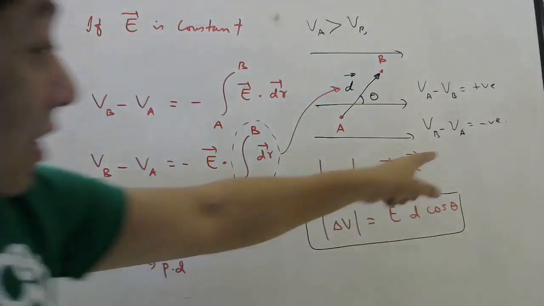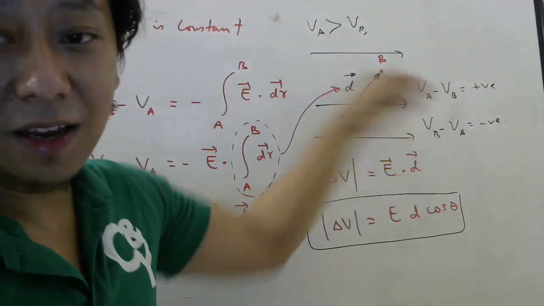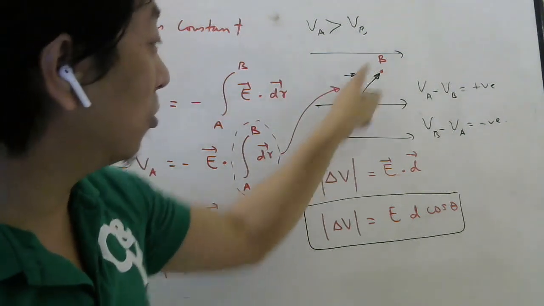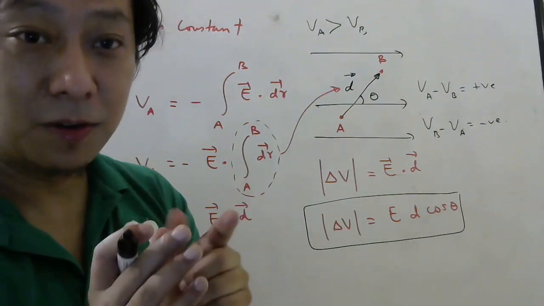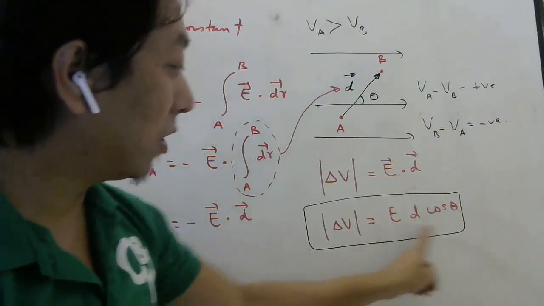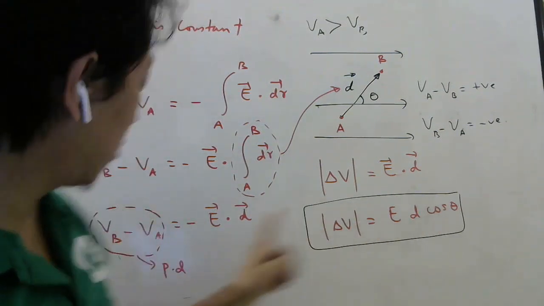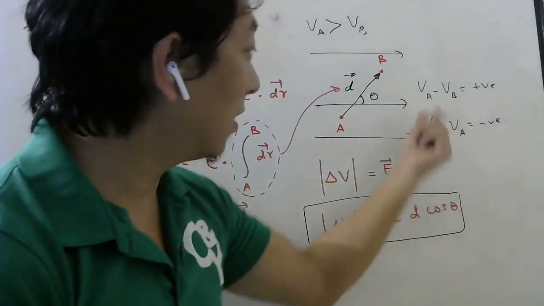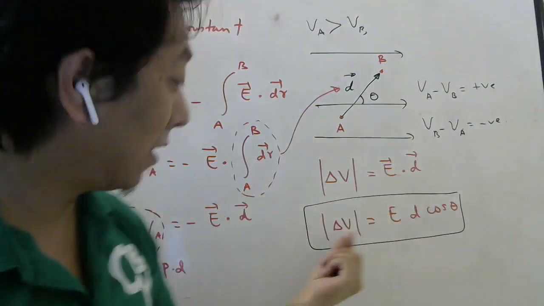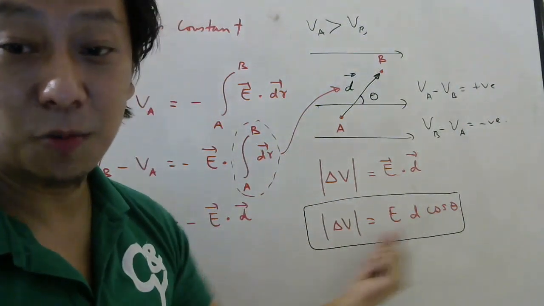So the sign I can easily find by knowing the direction of the electric field and where those points are. The magnitude without the sign, how will I find? This formula you remember. And forget about whether this minus sign is there or not, that is not important.